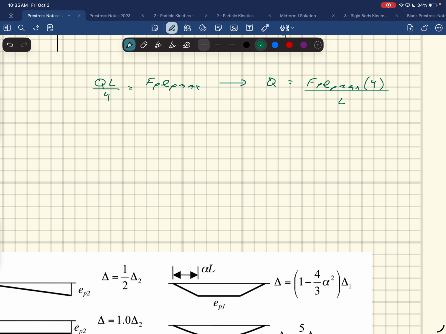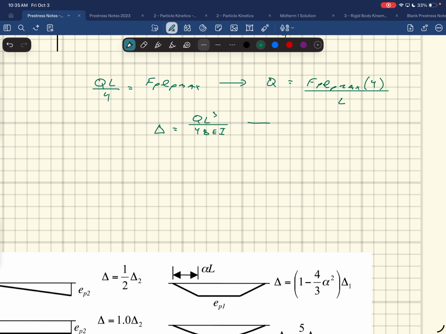No, PL cubed over 48EI. And for the equivalent load, it's QL cubed over 48EI.